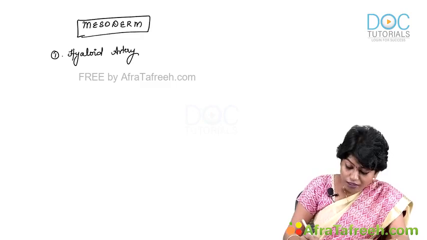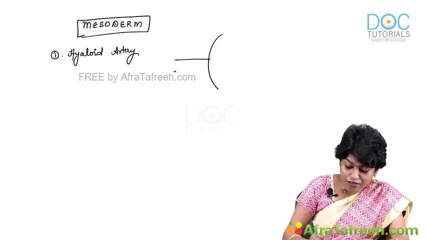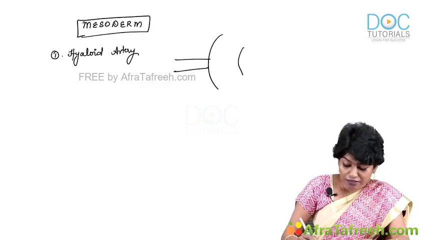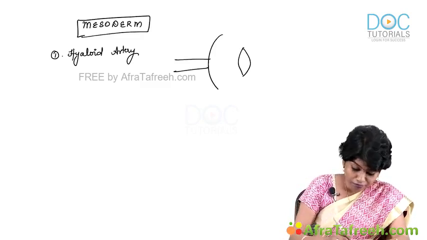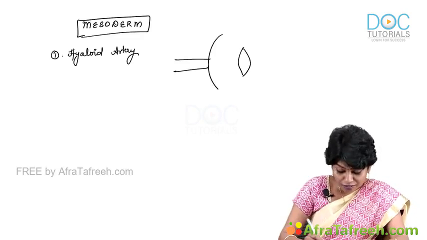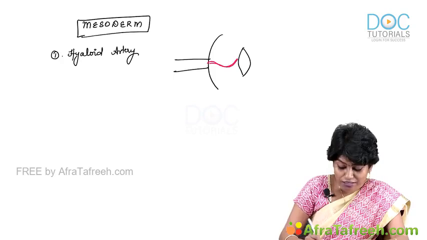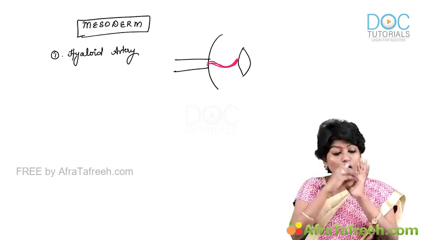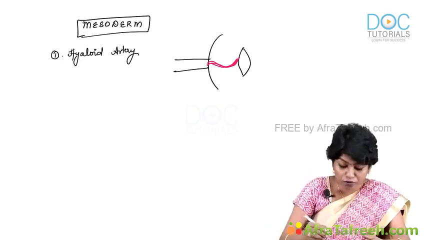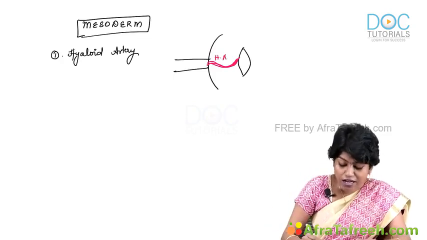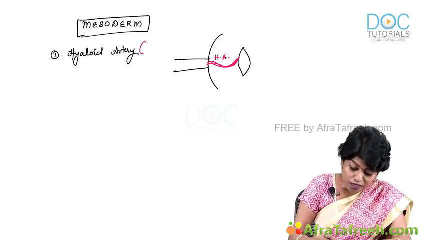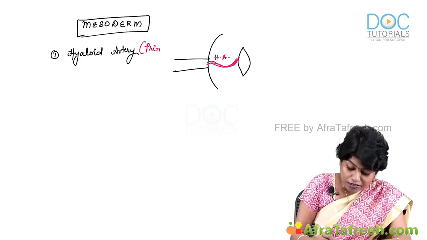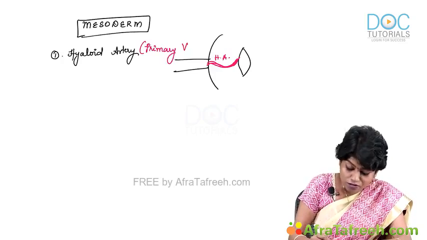See, you have the optic nerve and the lens. In the fetus, the lens has a vascular supply. This vascular supply extends between the optic disc and the posterior pole of the lens. This is called the hyaloid artery, also known as primary vitreous.